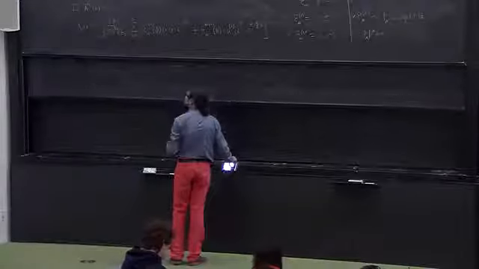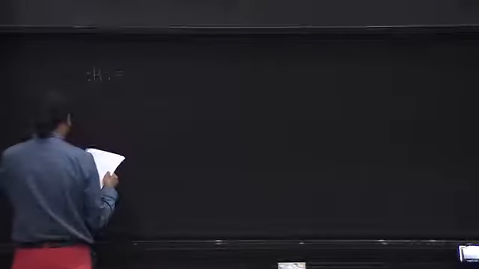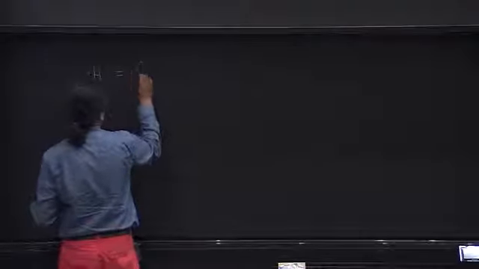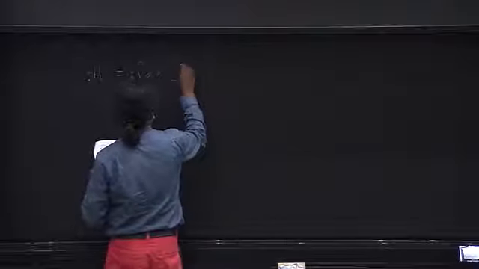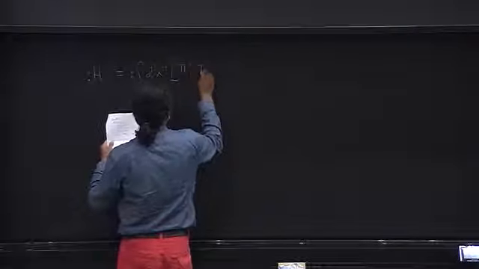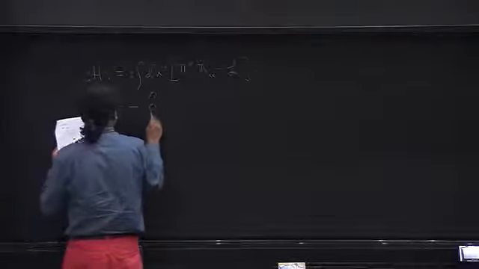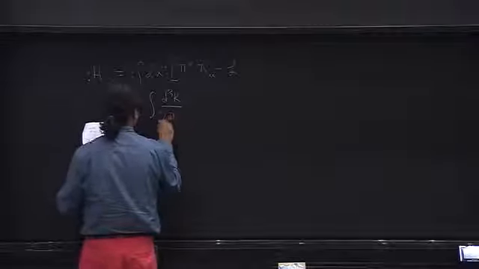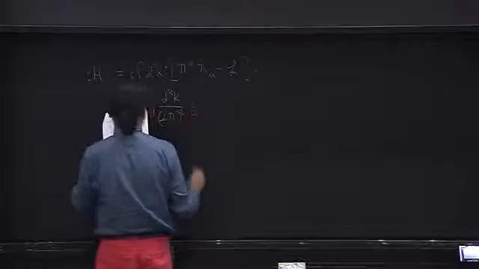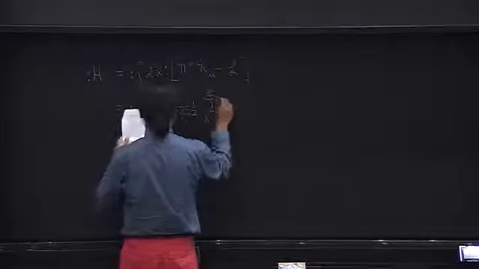So if we compute the Hamiltonian, which will be normal ordered, then this is what you get. It's just a sum of all the number operators in all the polarizations.